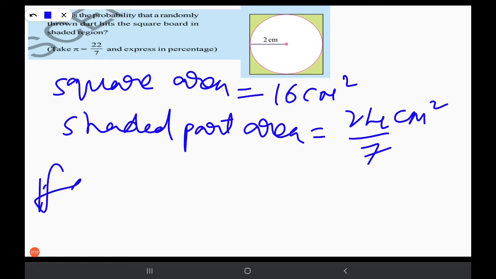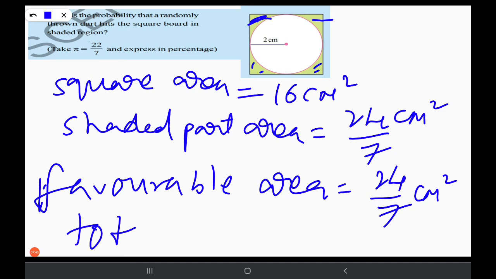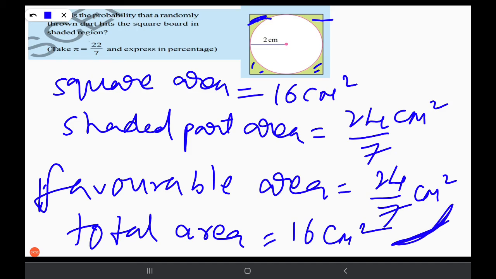So favorable area is 24 by 7 centimeter square, isn't it? This 24 by 7 is the area of the shaded part, that is our favorable area. Total area is nothing but square area, that we got 16 centimeter square. Now substitute these two values in the formula.